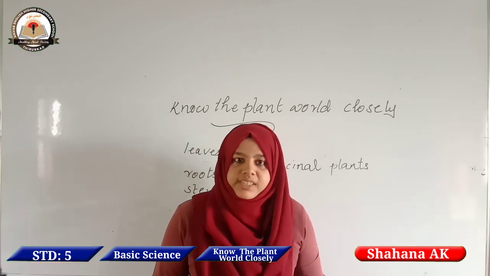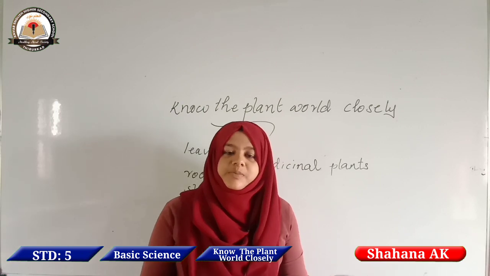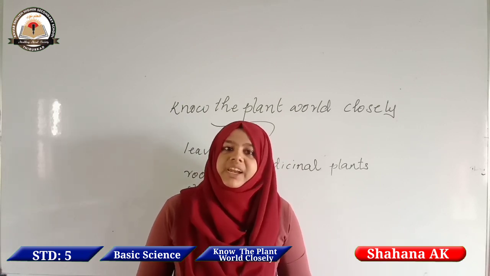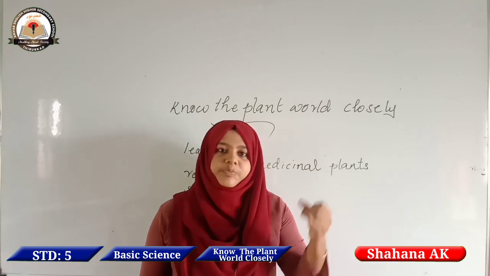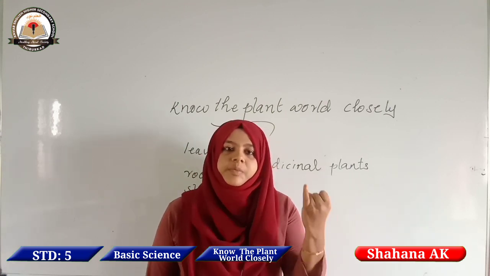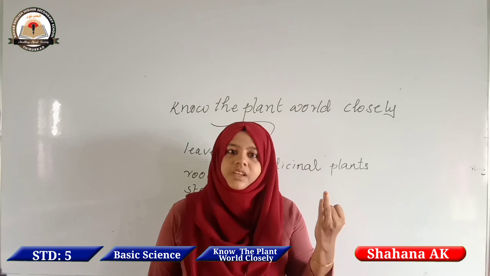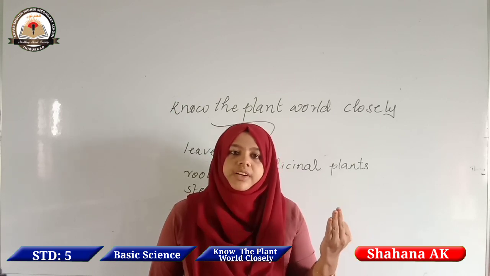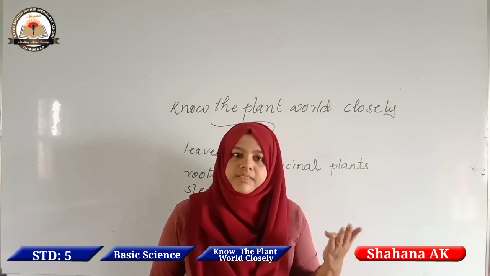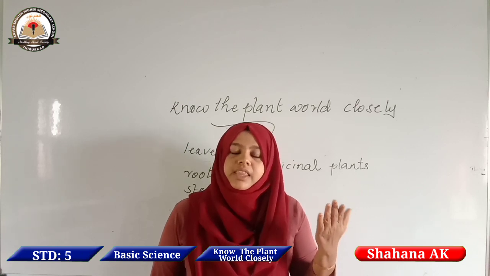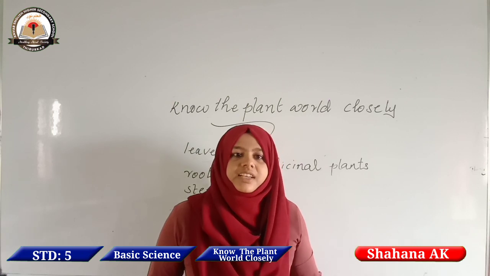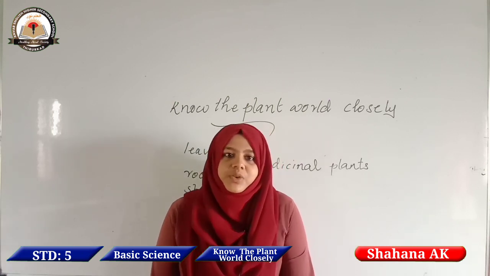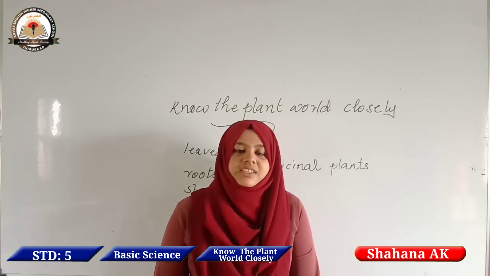You have to add more examples to this. So these plants we are using as medicinal plants. Let me repeat the examples one more time. Neem, tulsi, the common flowers flower, common sida, the Spanish thyme, shatavari, etc. These plants we are using as medicines.